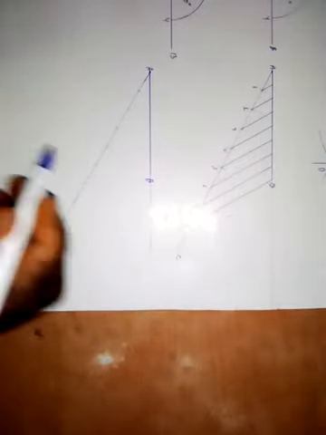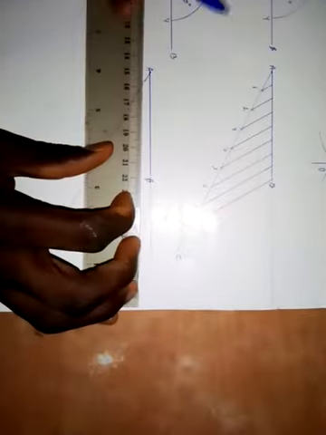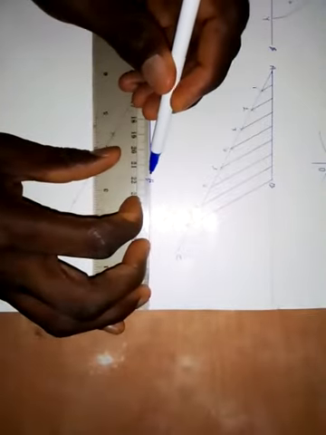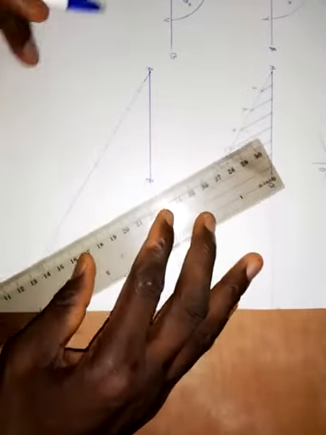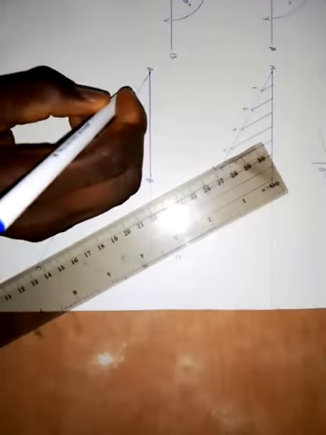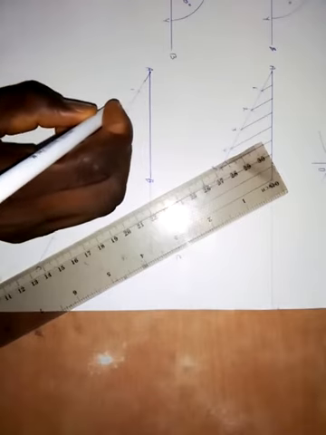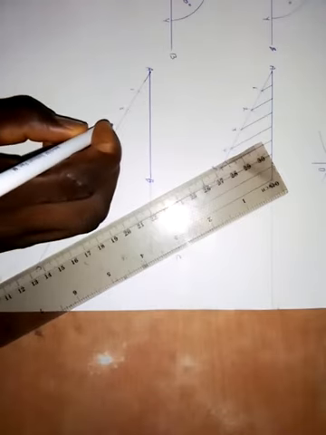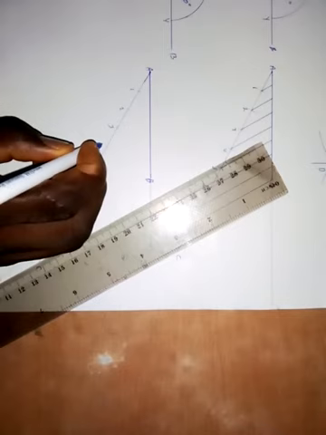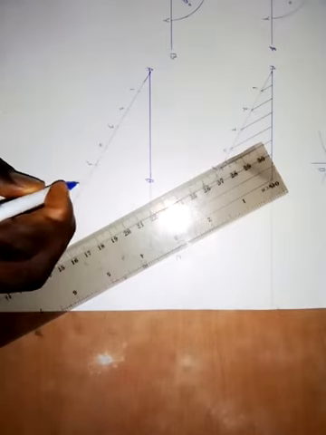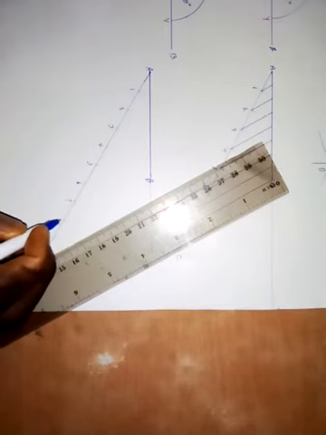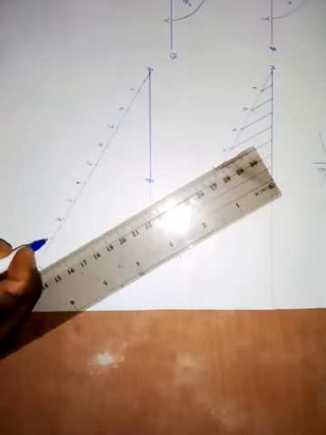What I'm going to do now is join CB together. If I number this, it's very important: I have 1, 2, 3, 4, 5, 6, 7, 8, and 9.